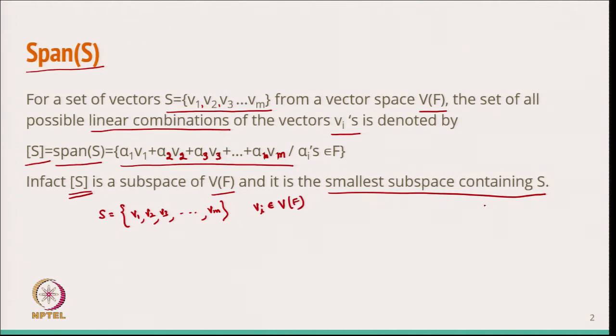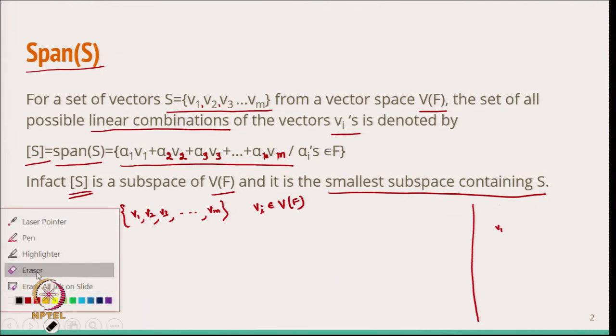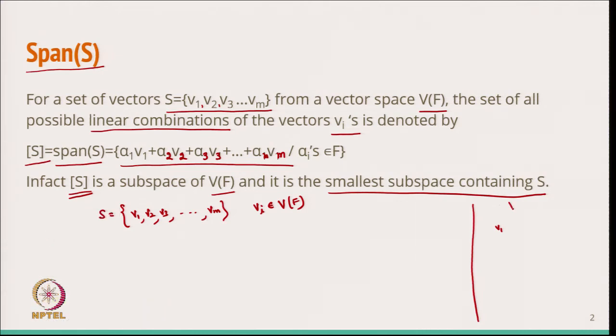For example, if I take V3, in the V3 maybe I can choose my V1. So, V3 I am taking, that is equivalent to R3.